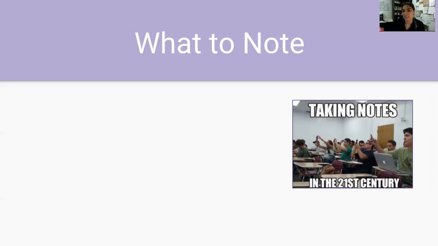This is a meme of students taking notes with their phones, taking pictures with their phones and tablets and things. But when we talk about memory, we may touch on this as well, writing things down helps us to remember better. So it's important to revise and review and go over our notes plenty of times.